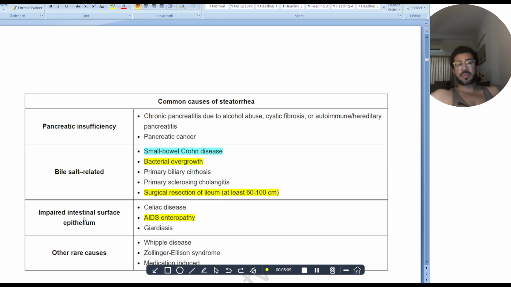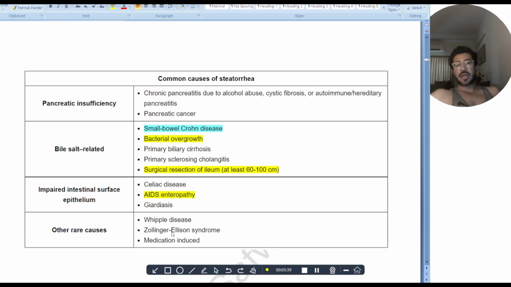So impaired intestinal epithelium surface, what causes this? Celiac disease. It causes atrophy of the villi, so the villi cannot properly absorb anything, so that results in steatorrhea as well. Giardiasis, it is caused by Giardia lamblia, that causes temporary or transient dysfunction of the intestinal epithelium, resulting in steatorrhea.